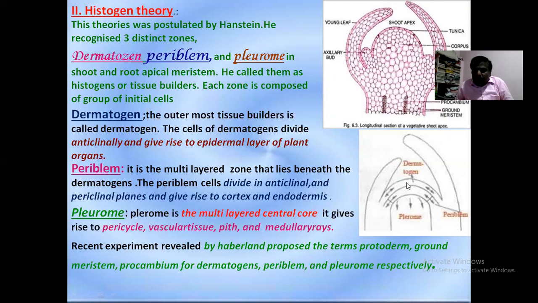The plerome shows periclinal divisions and produces the pericycle, vascular bundles, pith, and medullary rays.